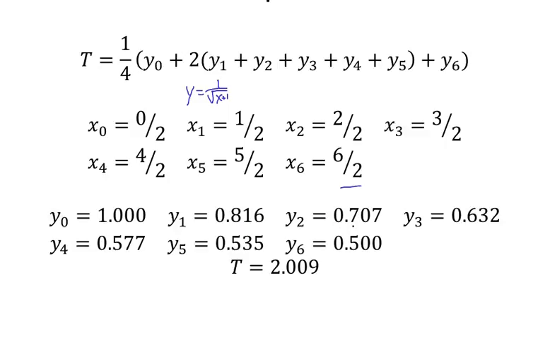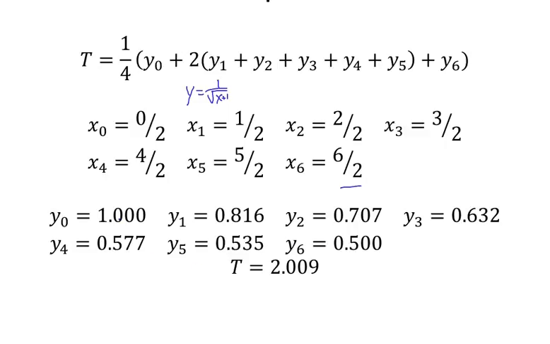Then y2 is 1 over square root of 2. You might recognize that number from trigonometry. That's the sine of 45 degrees, or sine of pi over 4. And then we have 0.632 all the way up until x6 equals 3, which is going to be 1 over square root of 4, which is going to be 1/2.